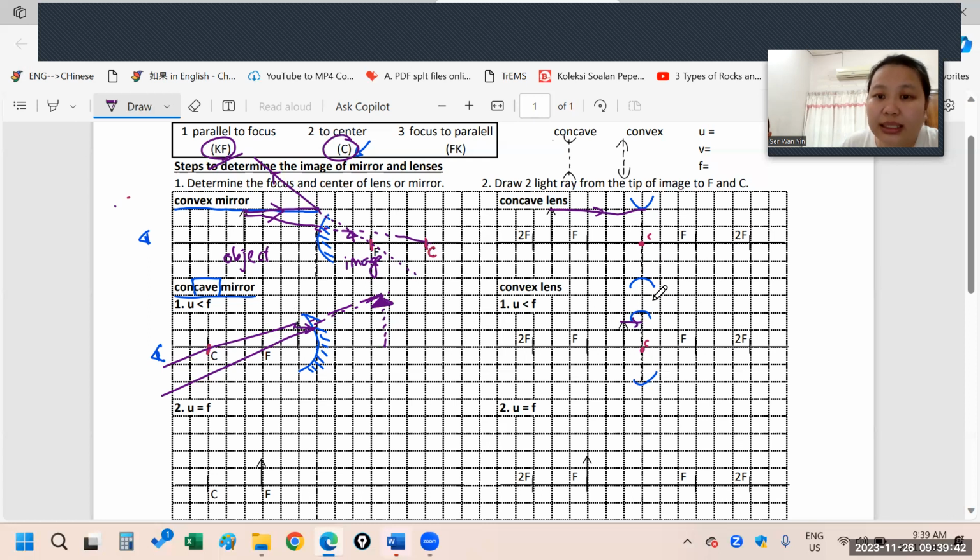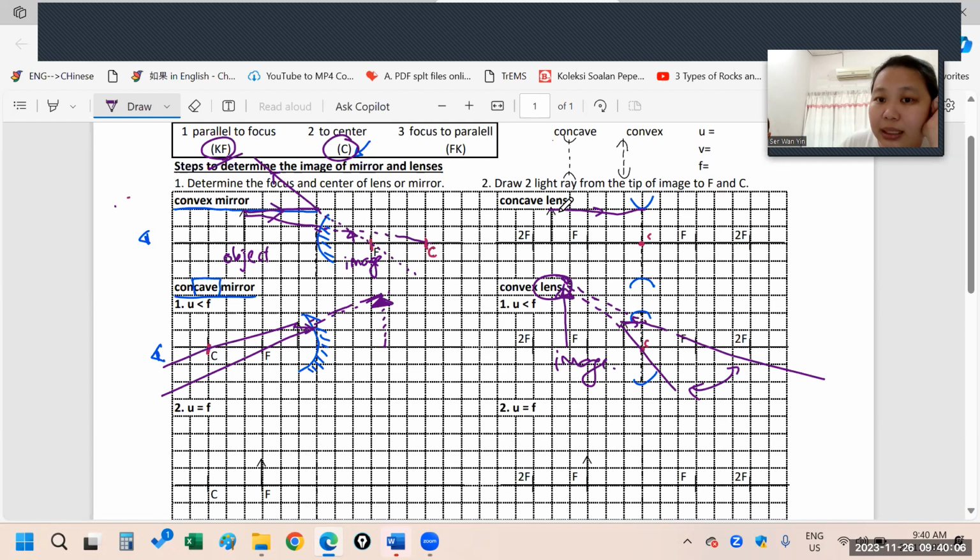The same thing here, this is a lens. So the light supposedly goes through the lens. So it goes down, K, F, then C. Since they open, they diverge, so we converge them. So our image is here.